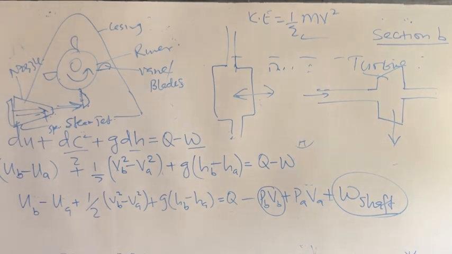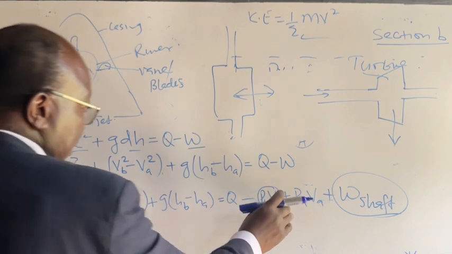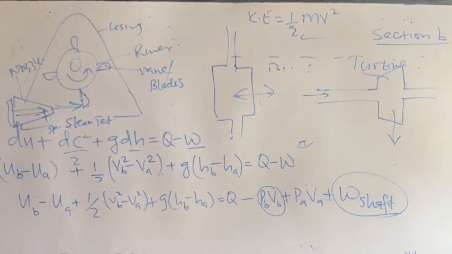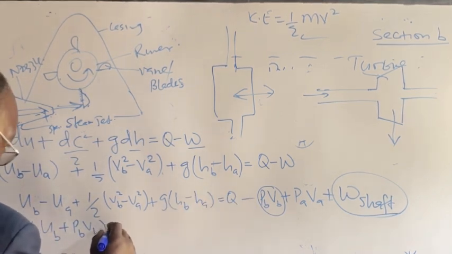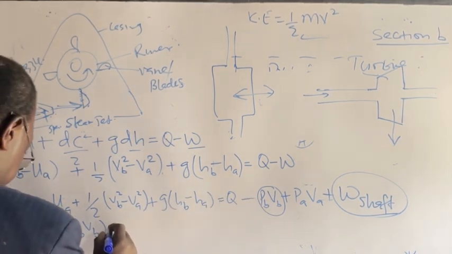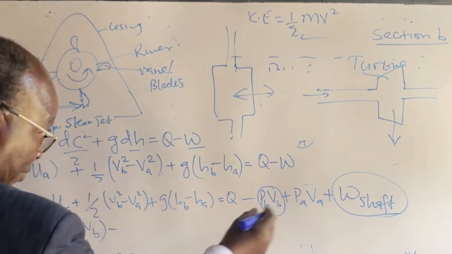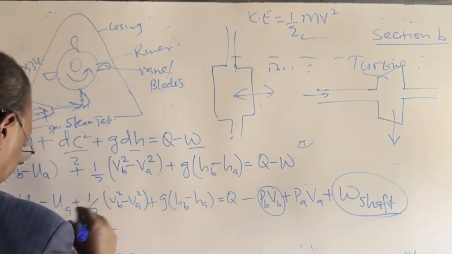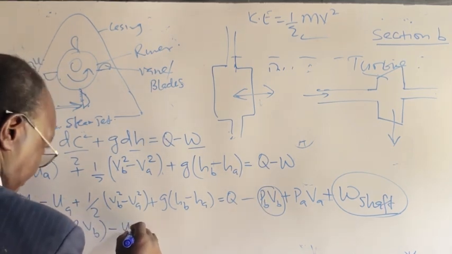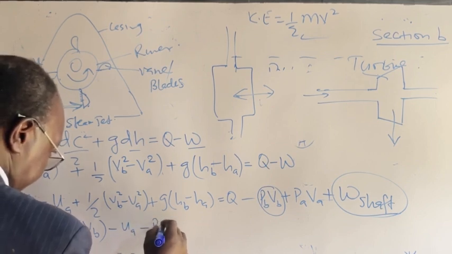Now, if you harmonize this expression which you have down here, then we can bring the pressure volume quantities, that's the work there, back to the left of the equation. So you have UB plus PB VB. And then we have here minus UA minus PA VA.